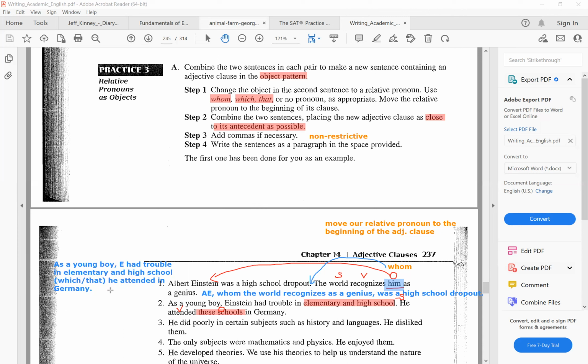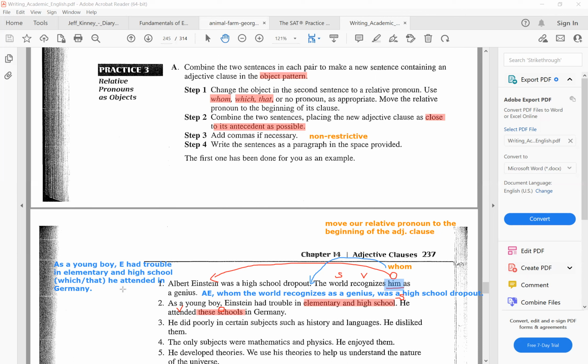So without the adjective clause, you won't know which elementary and high school, the sentence isn't clear. If the sentence isn't clear, doesn't that mean you need a restrictive adjective clause, that he attended in Germany? Because if you said using non-restrictive would make the elementary and high school unclear, then that means you do have to make it clear, in which case you need to use an essential or restrictive adjective clause, right?